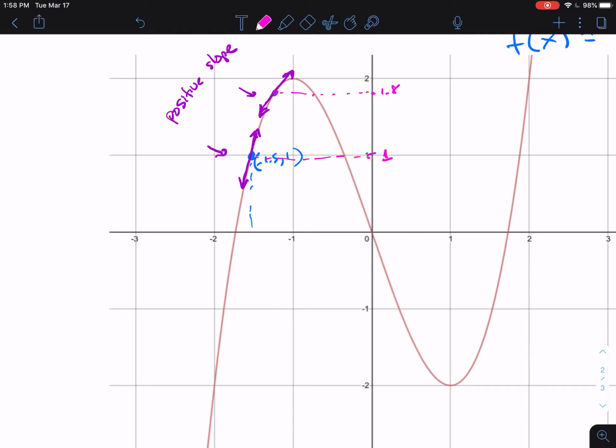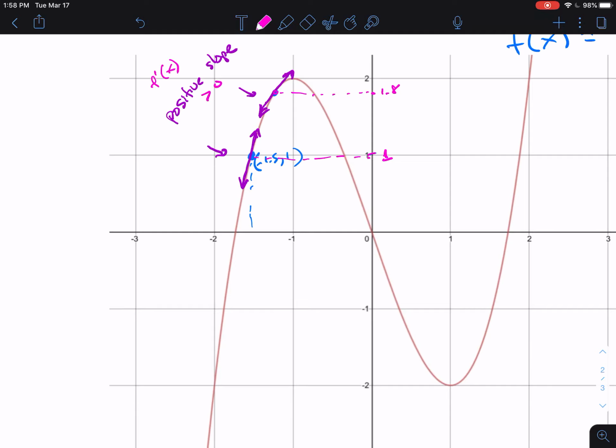So if it's positive slope, and the slope is indicated by f prime of x, at each of those points we can calculate what is that f prime of x, what is that positive slope. And it turns out that it's going to be greater than 0. Positive slope means greater than 0, by the way, guys.